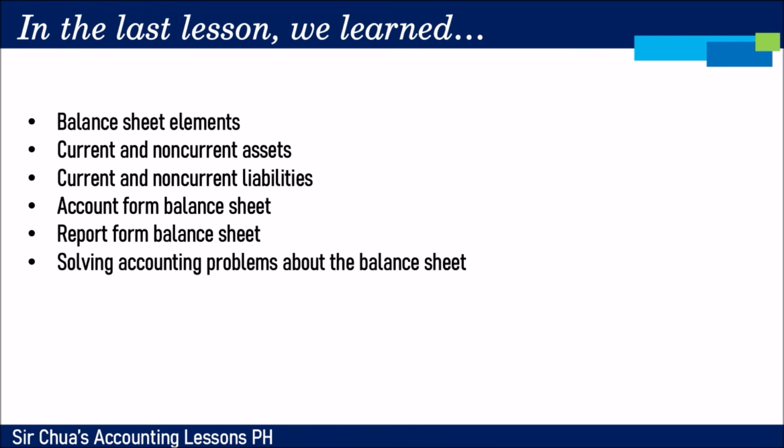So remember that when assets is on the left side and liabilities and capital is on the right side, that is the account form balance sheet. And when the assets is in the topmost portion and liabilities and capital is written below the assets, then that is the report form balance sheet. And then we also solved some accounting problems about the balance sheet. In any case that you need to go back to the discussions, just go back to lesson 35.